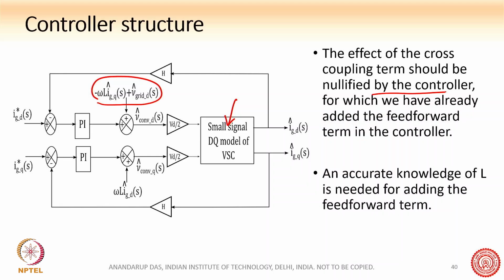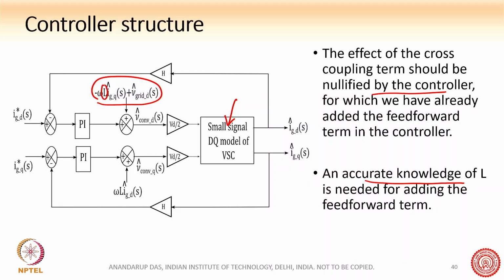Then we can take these two out from the control diagram. But for that, an accurate knowledge of the L is needed for adding the feed forward terms. We need to know what is this omega L.